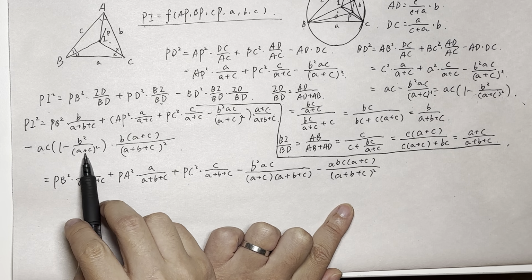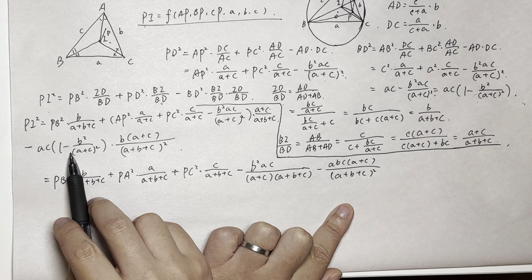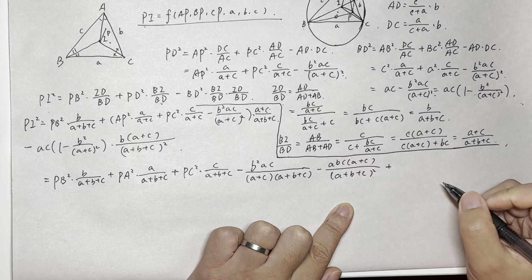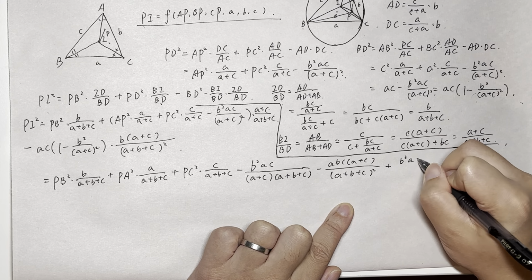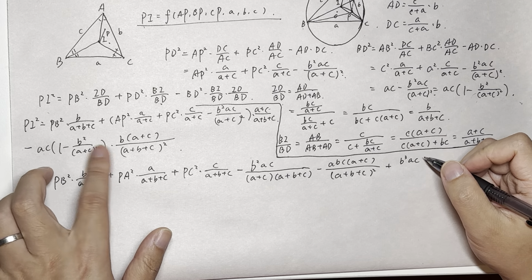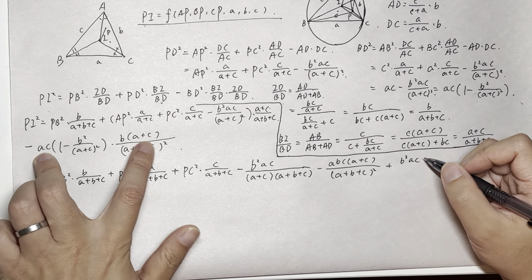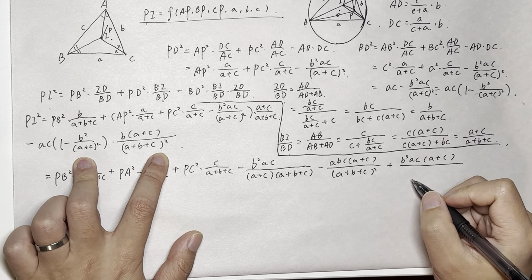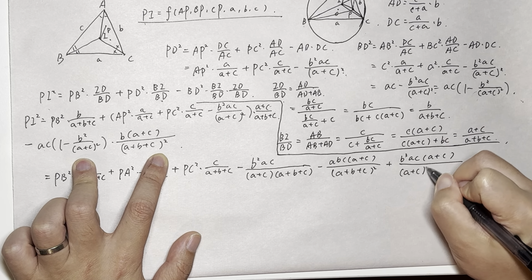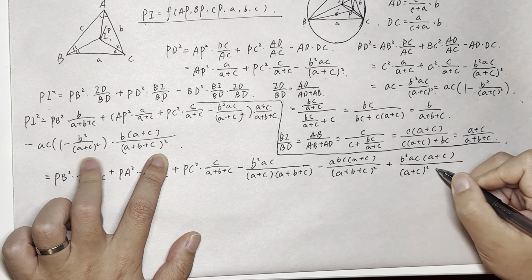And for the second term, it's actually a plus sign, right? So make it plus sign, and we have B to the power 3 times AC times A plus C to these terms. So that is A plus C square times A plus B plus C square.